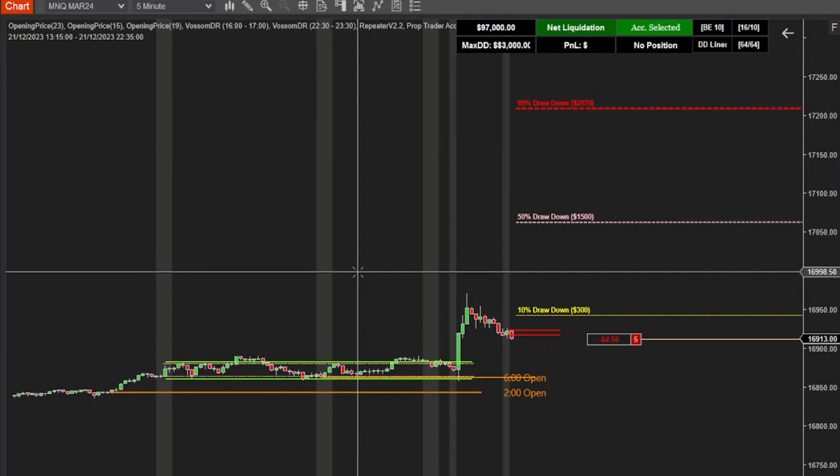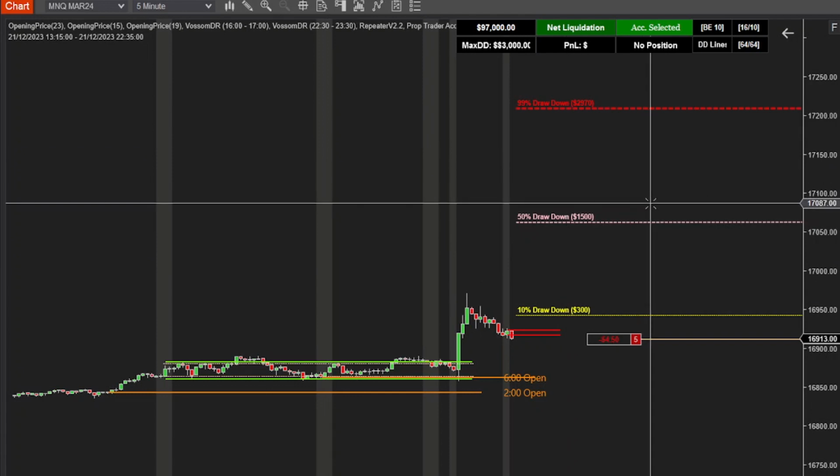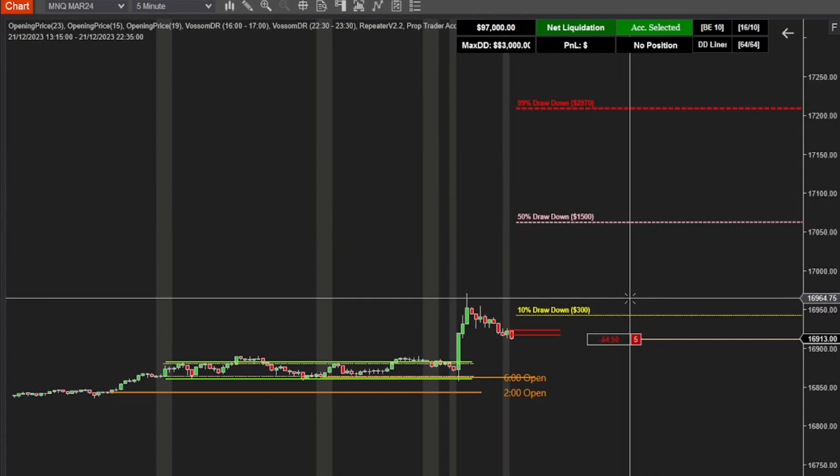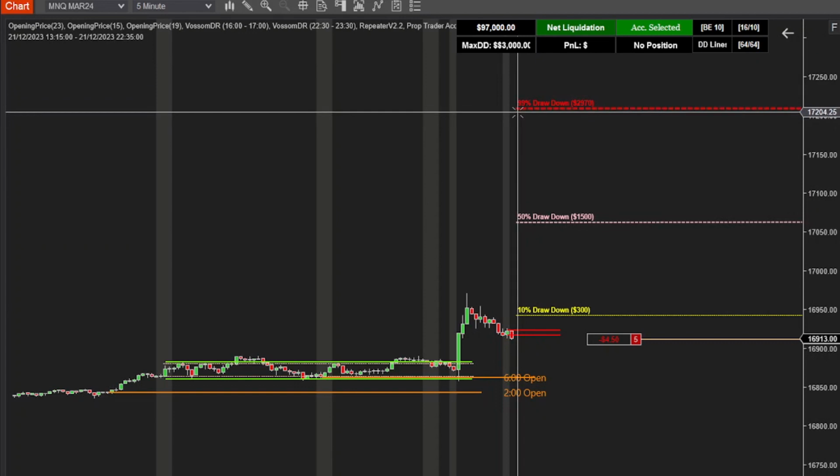All right, sorry for the hiccup. I have to restart things a bit because I was playing around with it earlier and I did not reset the parameters. So as you can see, right now the drawdown is based on the parameter I set. So my total max drawdown is $3,000, but I set it at 99%.